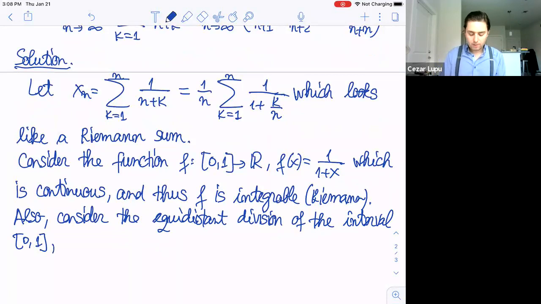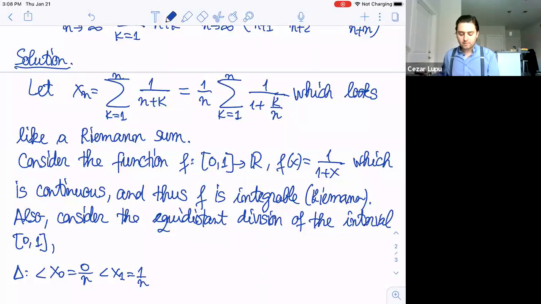And the way we're going to write this is the following. So delta would be x0, which is 0 over n. So this would be 0 less than x1, which in our case will be 1 over n, which is less than x2, which is 2 over n.